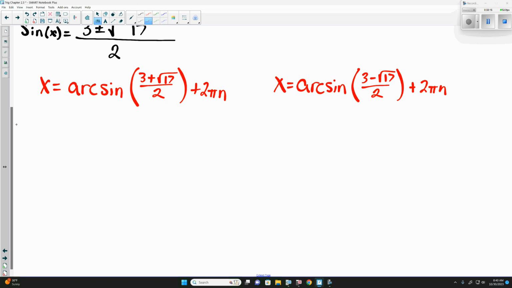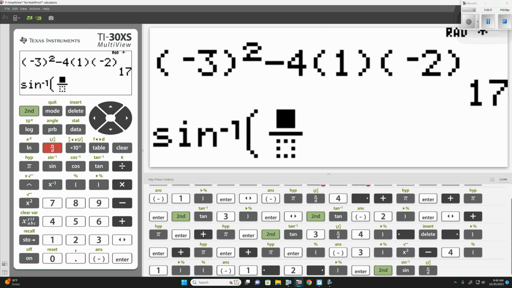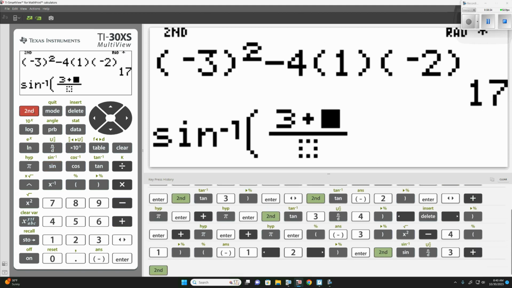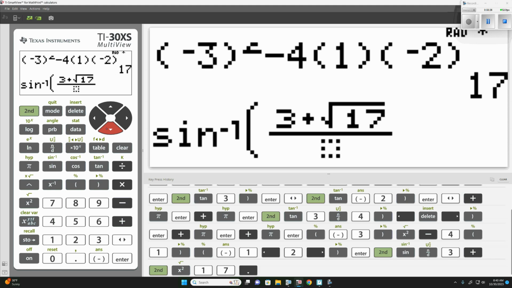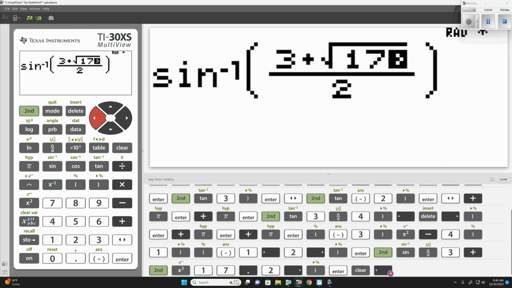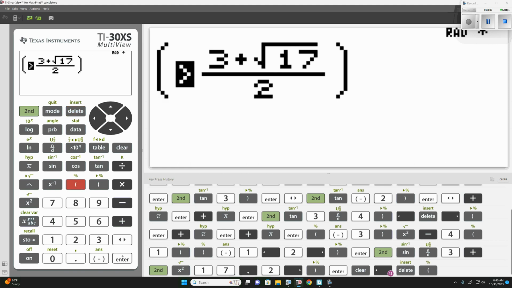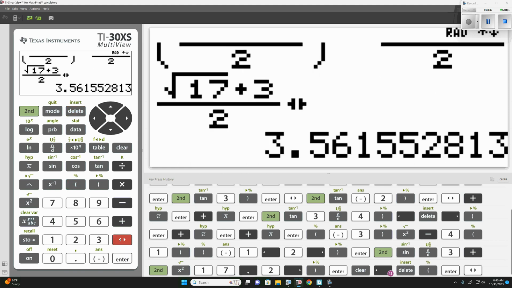We'll do arc sine of 3 plus the square root of 17, all over 2. Domain error. Now the question is probably why domain error. I'll put a parenthesis so it doesn't. We get that, which is 3.561.